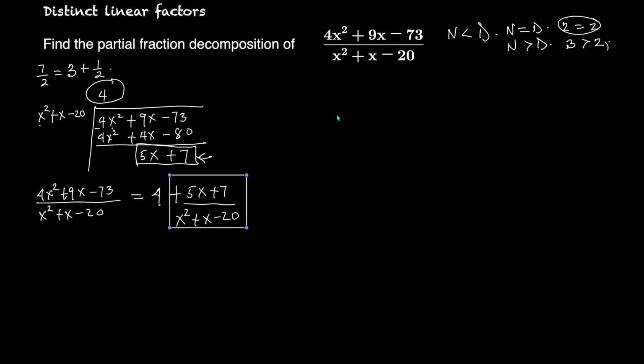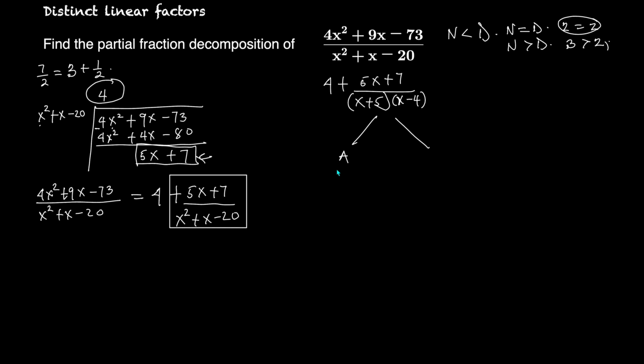So basically, I have 4 plus 5x plus 7 divided by, now when we try to factorize this, we have x plus 5 and x minus 4. Now when we try to split this, we have two linear factors.